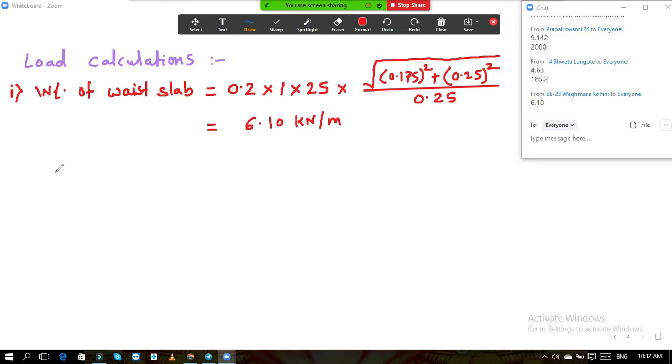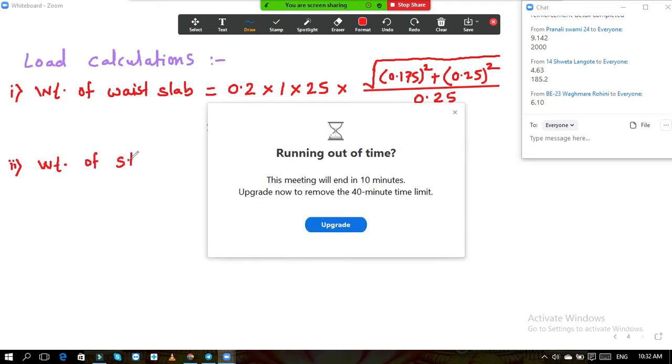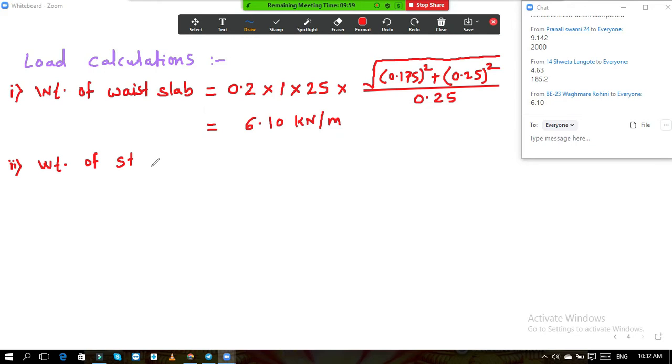After that we will calculate the weight of steps. Weight of steps is equal to half into riser into the width 1 into 25, so it is r by 2 into 25.